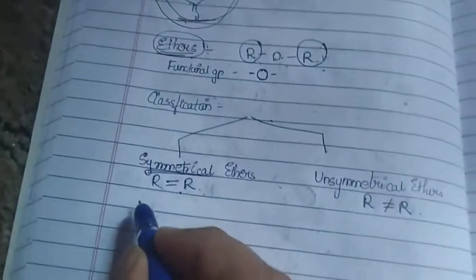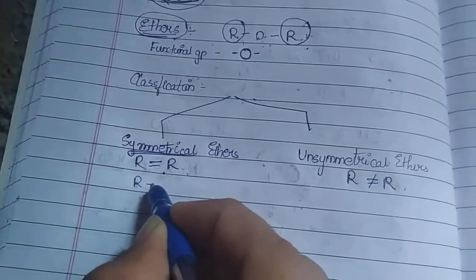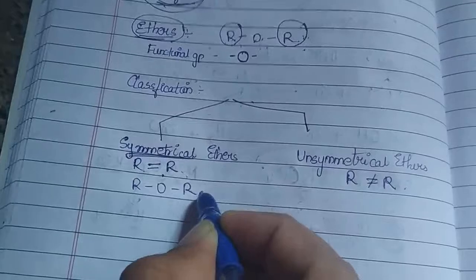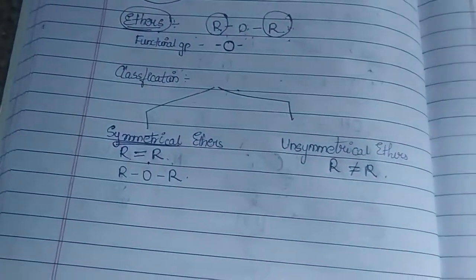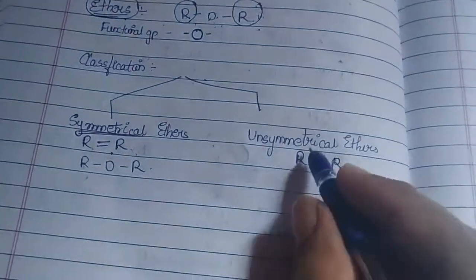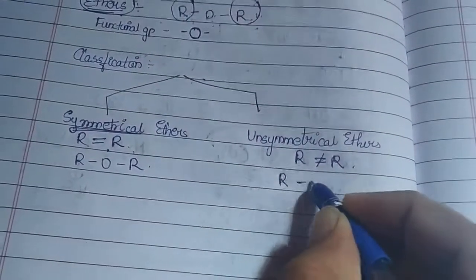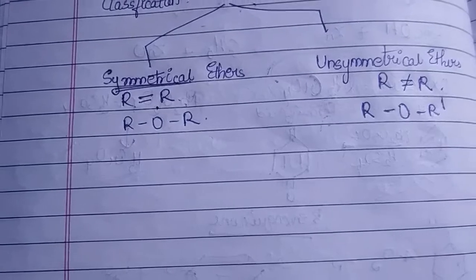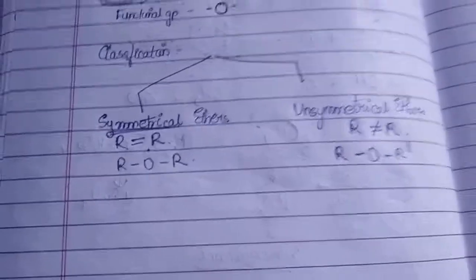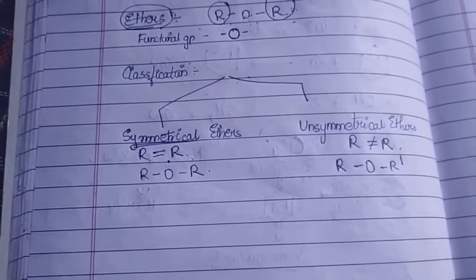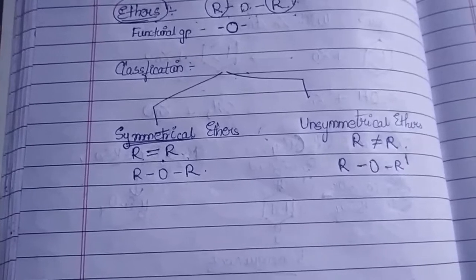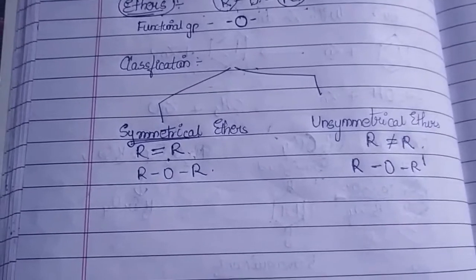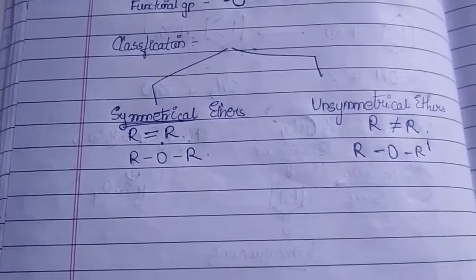So the general representation for symmetrical ethers we write as ROR, whereas for unsymmetrical ethers we write it as ROR dash. Now let us look at examples so that it is clearly understood how you can differentiate between symmetrical and unsymmetrical ethers.